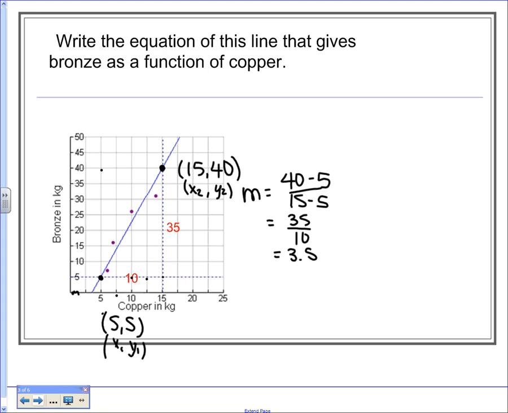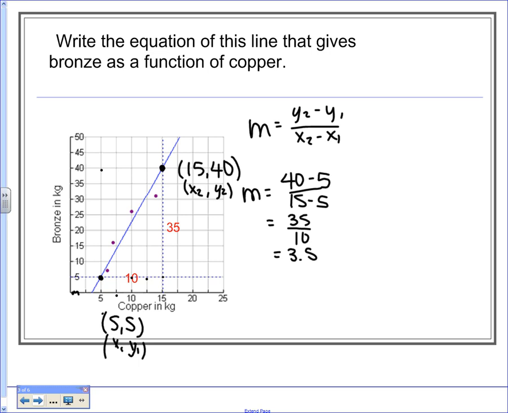And then you use that formula. Does that make sense? Any other questions there? Okay, so we've got our slope.